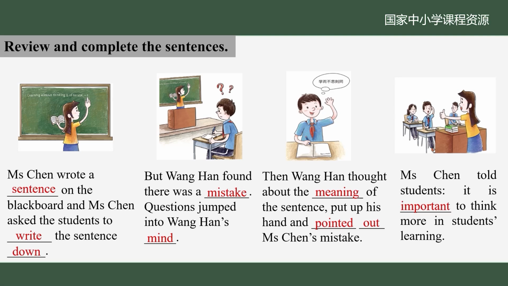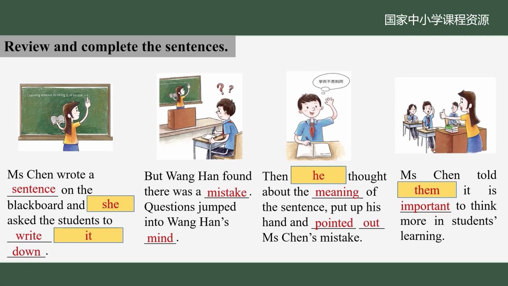Here, we can use she instead of Miss Chen, it instead of the sentence, he instead of Wang Han, them instead of students, and all these pronouns are personal pronouns. So, boys and girls, can you find other kinds of pronouns?